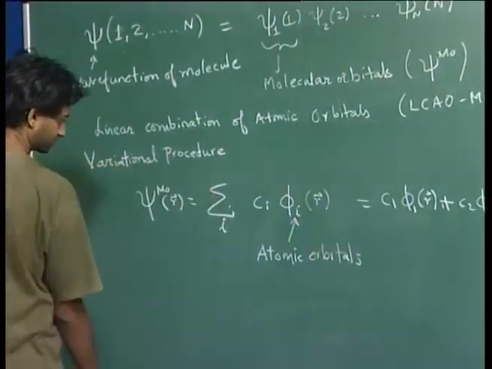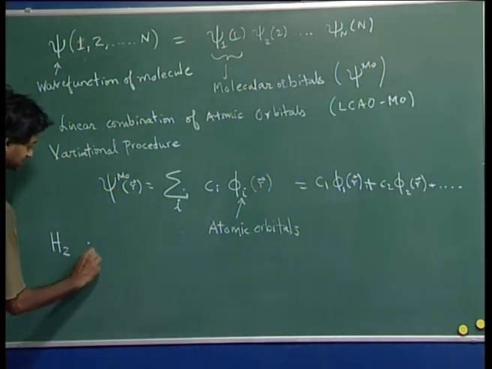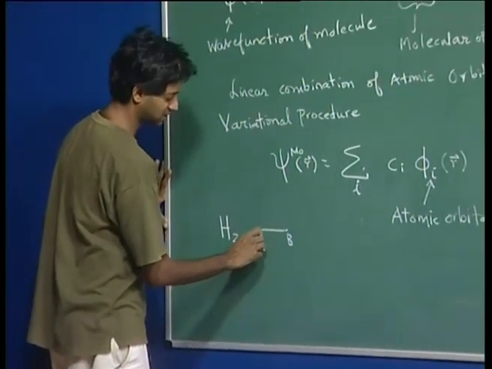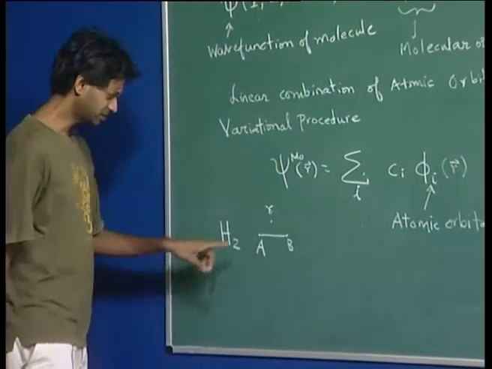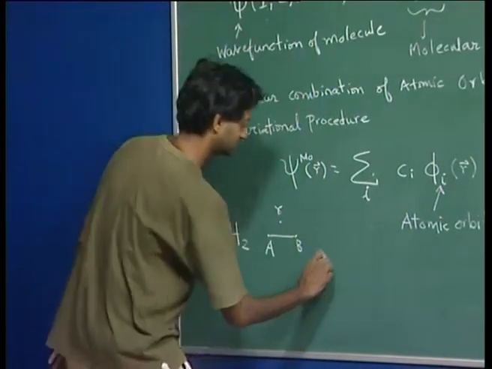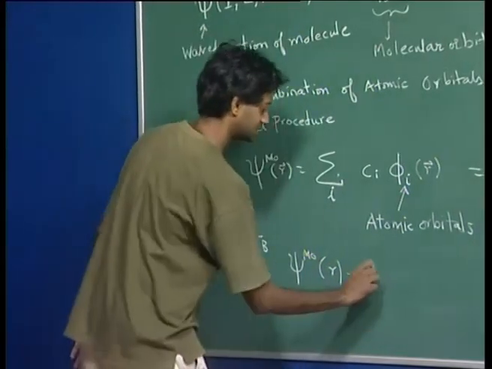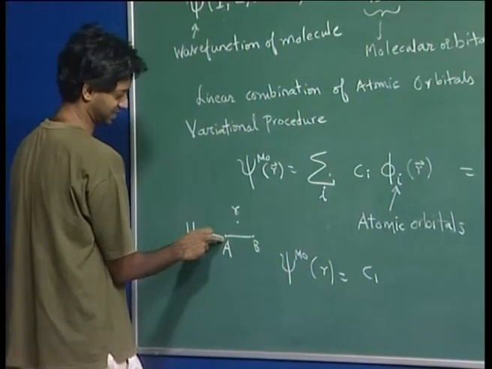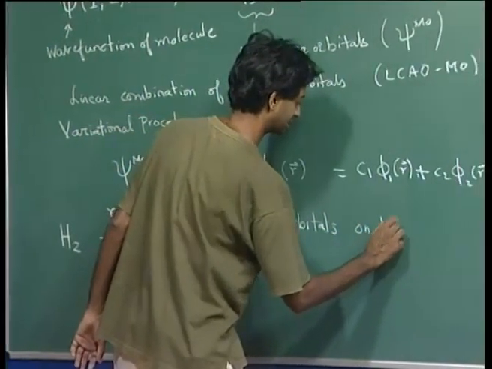Okay, so for example, if you have H2, I can write this as the first atom I show as A, second atom as B, and if you have an electron whose coordinate is r, then the wave function of this electron, it's in a molecular orbital, and its wave function is written as C1 times the atomic orbital at A. Now the atomic orbitals are on different atoms.